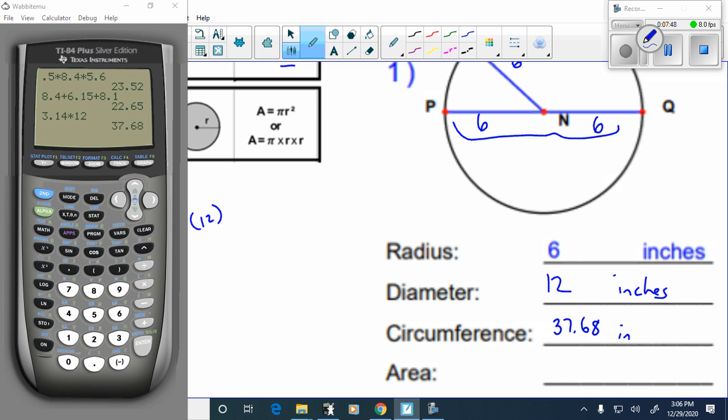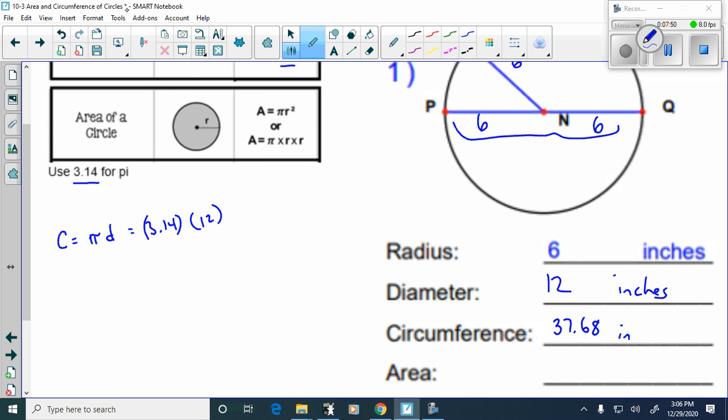Just like the perimeter was in the same units as the problem, the circumference, which is the perimeter of a circle, is in the same units. The area is pi times the radius squared. So it's 3.14 times 6 squared.